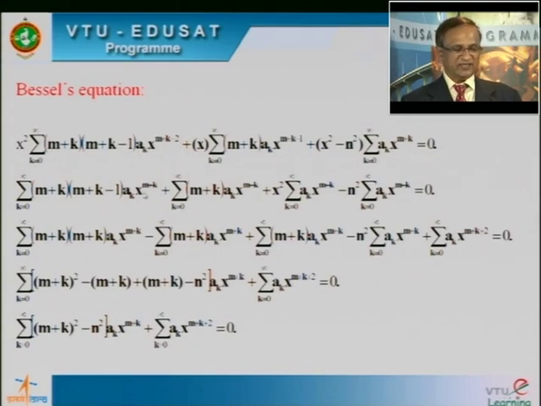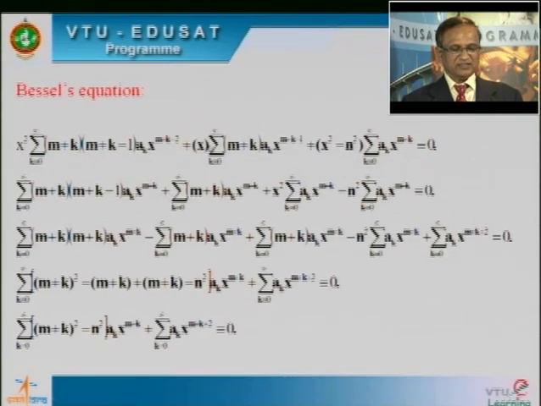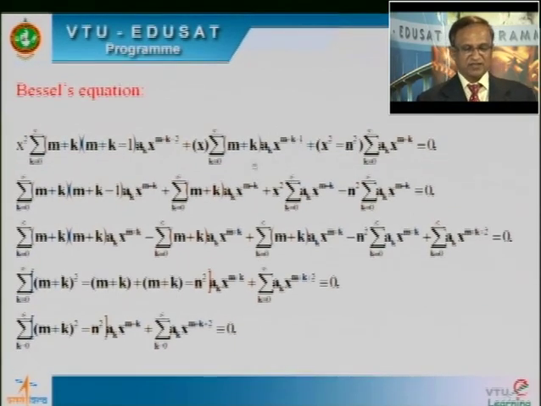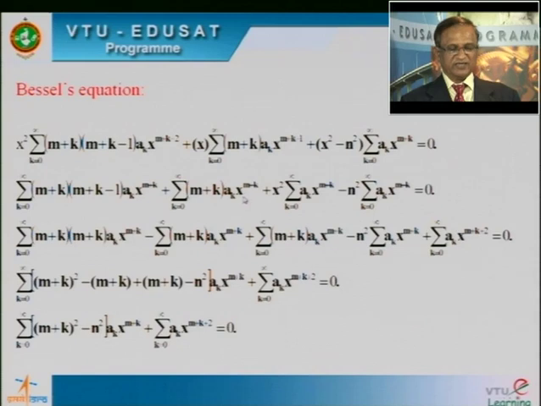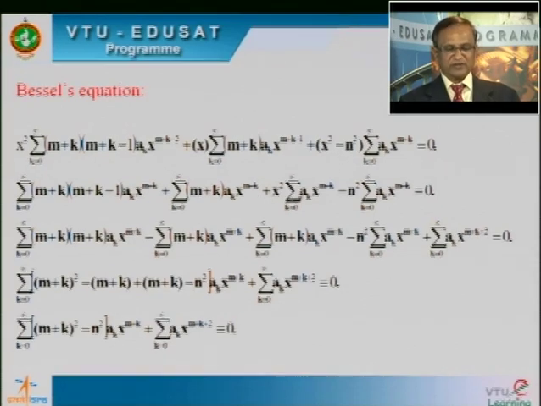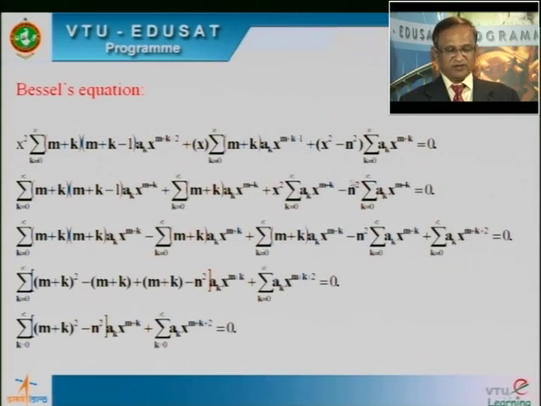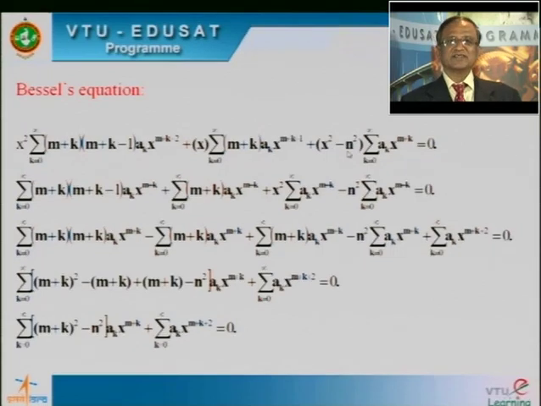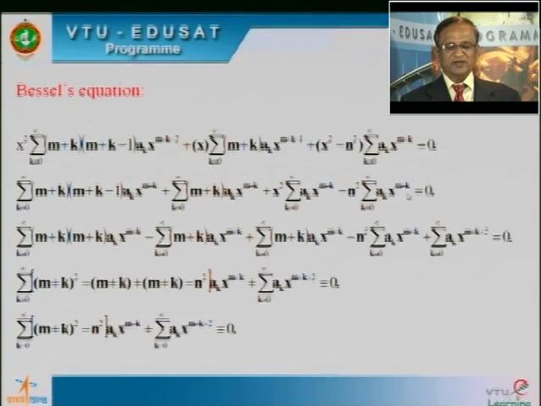That's why you will get x to the power m plus k, plus x. Again I multiply x into x to the power m plus k minus 1, remaining things as it is. You will get x to the power m plus k, plus x square into ak x to the power m plus k, minus n square into, as it is, summation of ak x to the power m plus k equal to 0.